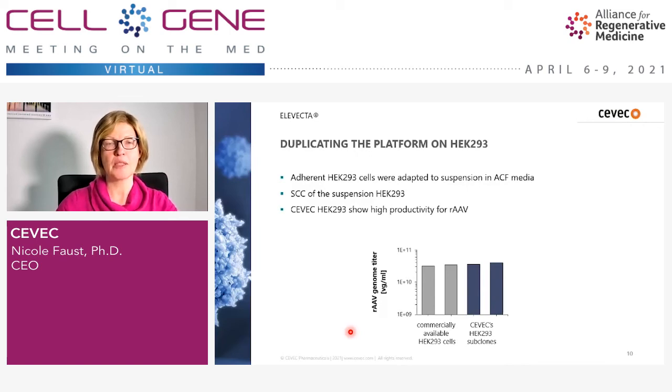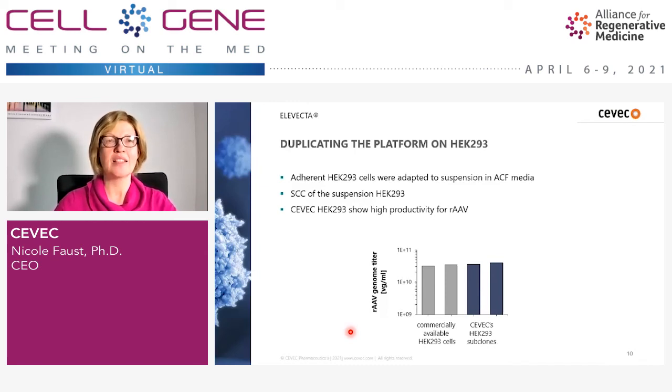The first thing we did is generate our own trusted 293 suspension cell line. We used the adherent 293 cell from ATCC and adapted them to suspension in animal component-free, chemically defined media, which is of course the required state of the art.